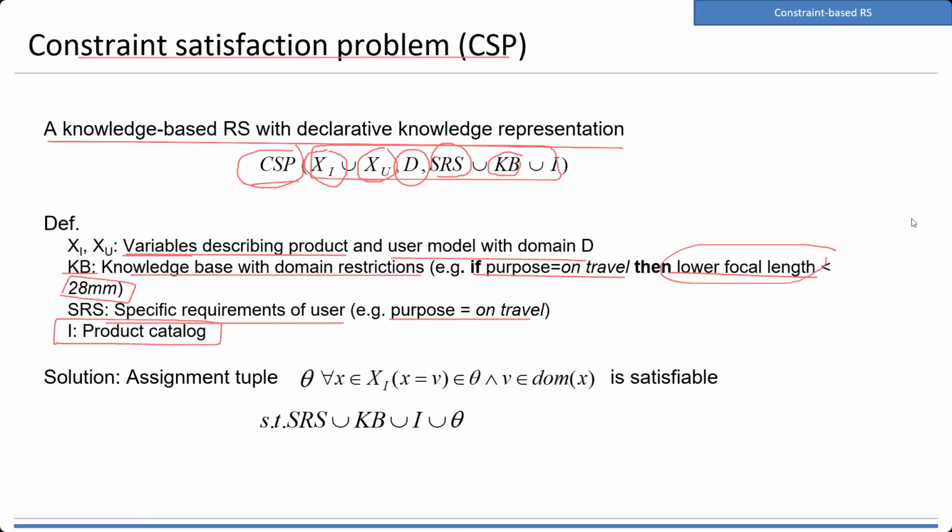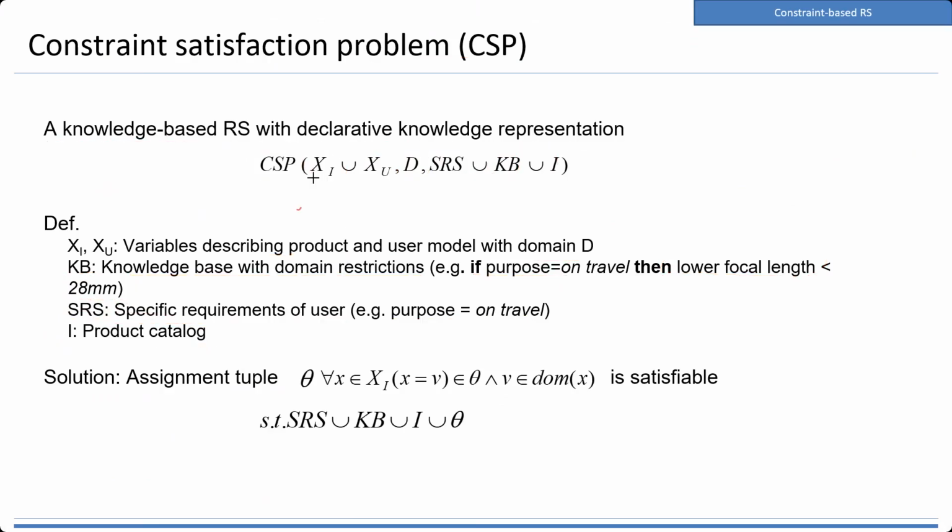It is the combination of the variables for items and the variables from users in the particular domain. The particular domain depends on the product. If it is camera, then the constraint satisfaction problem will be about the camera. If it is about car, then it will be about car, and so on. So SRS, KB, and I are the combination of the requirement, knowledge base, and the product catalog.